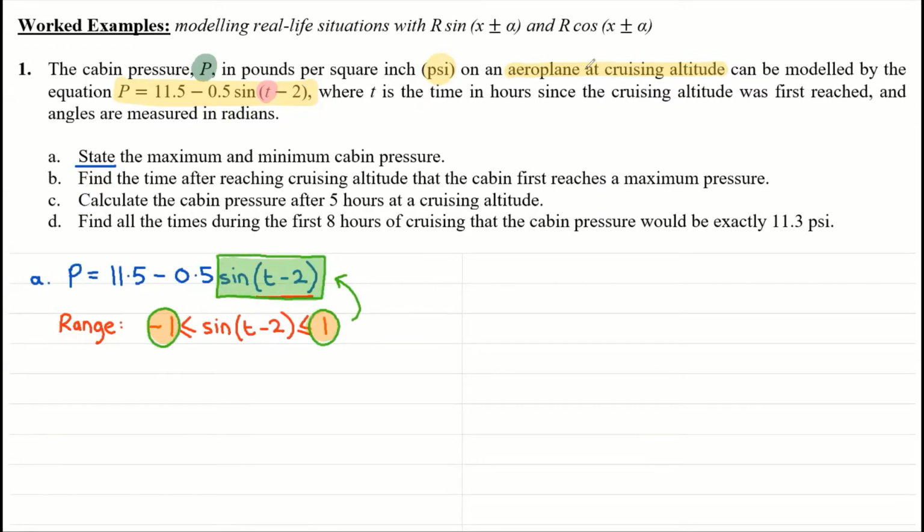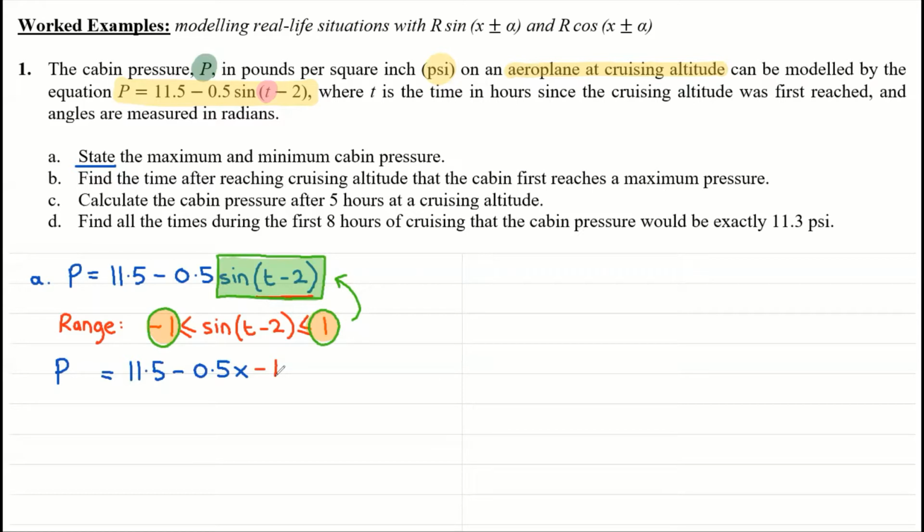So rather than saying I'm going to find the maximum and the minimum in that order, I'm just going to write P here. I'm just going to leave a little space, and we'll come back to this in a second. All right, and I'm going to sub in -1 first of all. So we're going to have 11.5 subtract 0.5, and I'm going to substitute in the minimum value of sine of t subtract 2. So I'll sub that in, so that's -1. Okay, so I'll make that really clear in red.